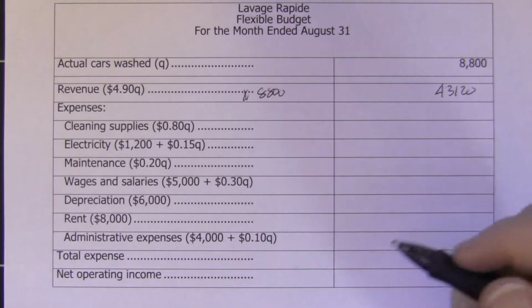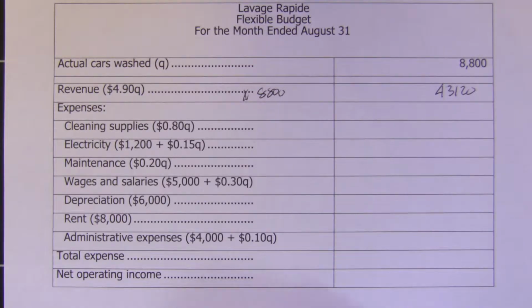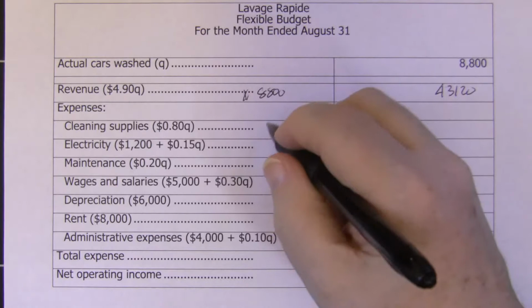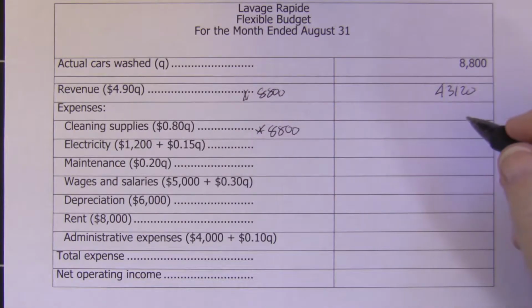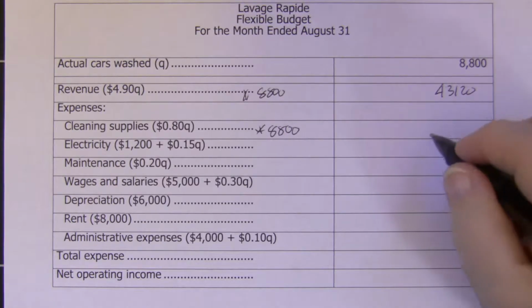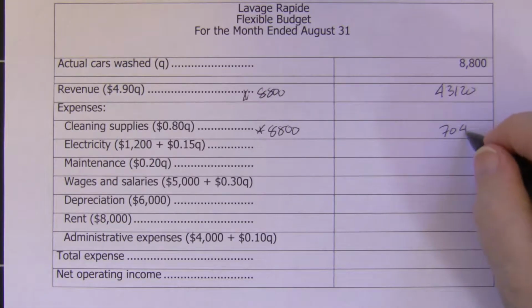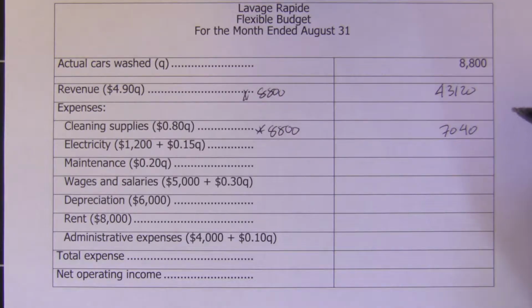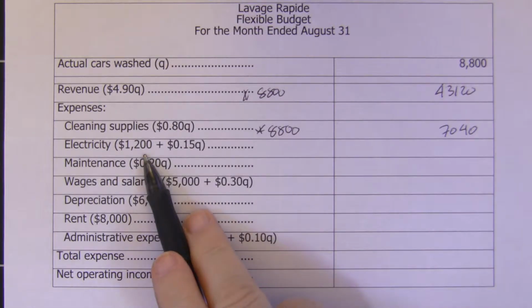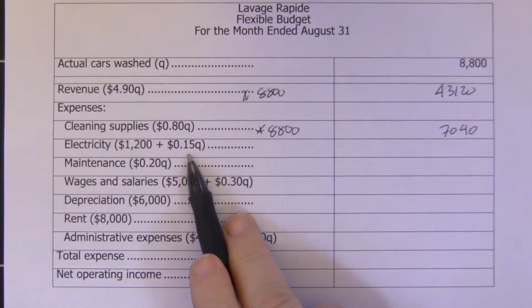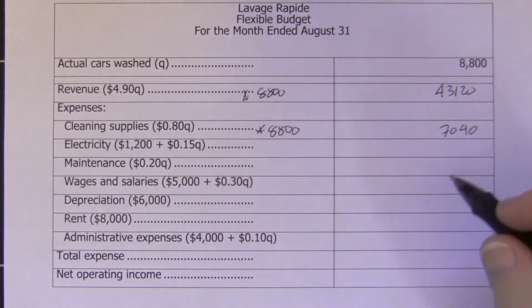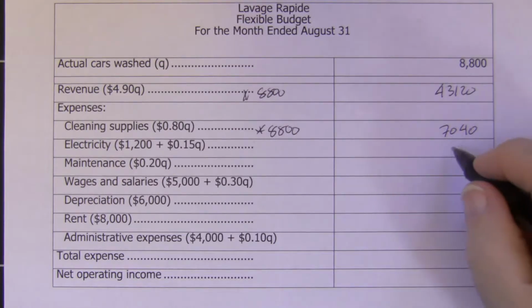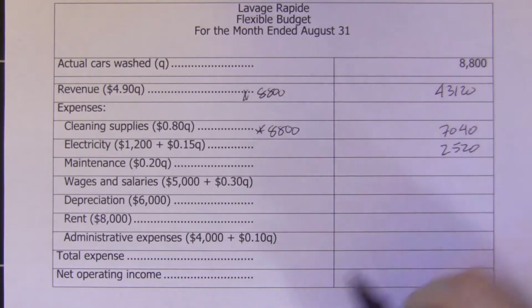Makes sense? Let's take a look at our cleaning supplies. 80 cents a car times 8,800 cars gives us 7,040 for cleaning supplies. Then the electricity is $1,200 plus 15 cents times 8,800. And when we do that, our electricity comes out to be $2,520.